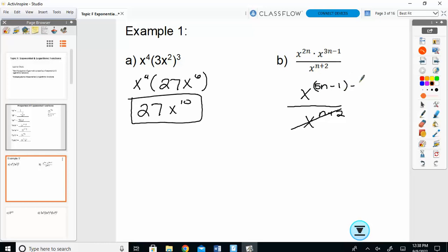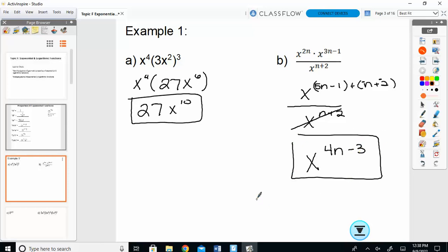I have to subtract off this n plus 2. So what would I need to do with that? Distribute the negative. So 5n minus n is 4n. Negative 1 minus 2 is negative 3. So x to the 4n minus 3.